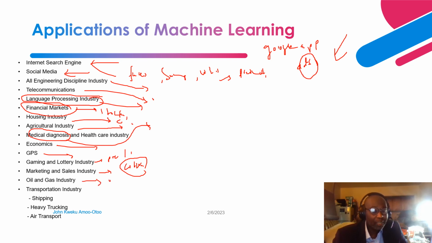The oil and gas industry, the transportation industry, the shipping industry, the heavy trucking industry, the air transport industry. If you look at this myriad of industries that are all utilizing and will continue to utilize machine learning, that itself tells you the importance of machine learning. And machine learning has come to stay.